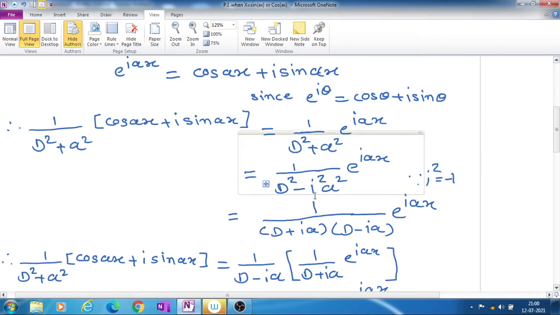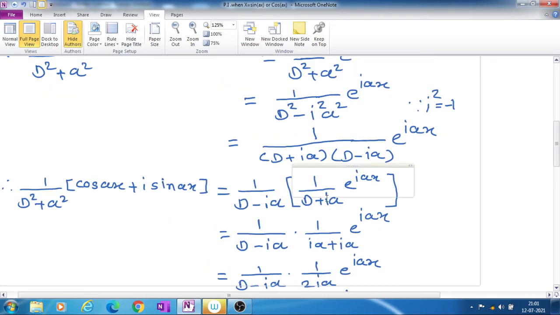That means i square, the value of i square is minus 1. So minus i square means minus 1, that means plus 1. So this plus 1 is substituted by minus i square. So d square minus i square a square into e raised to iax.